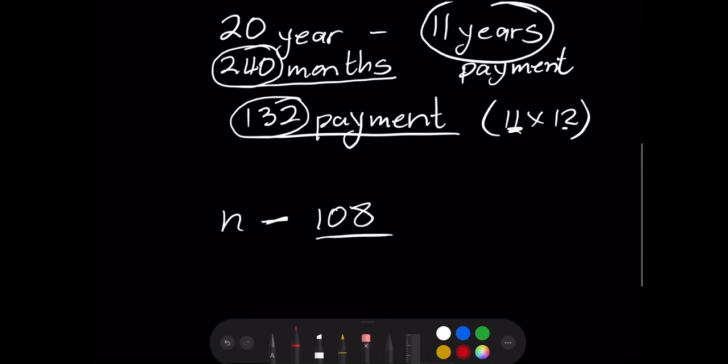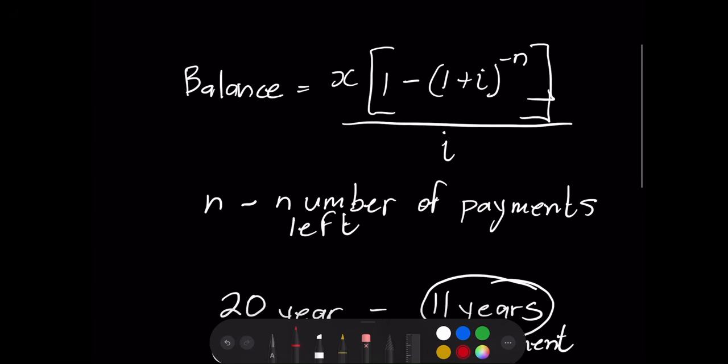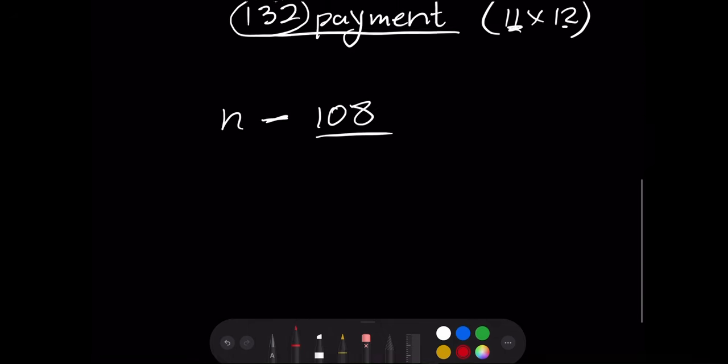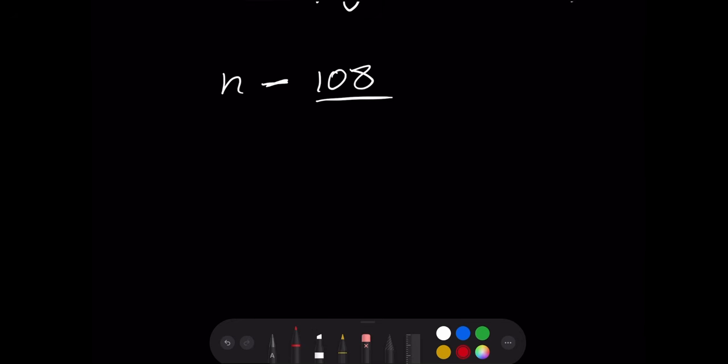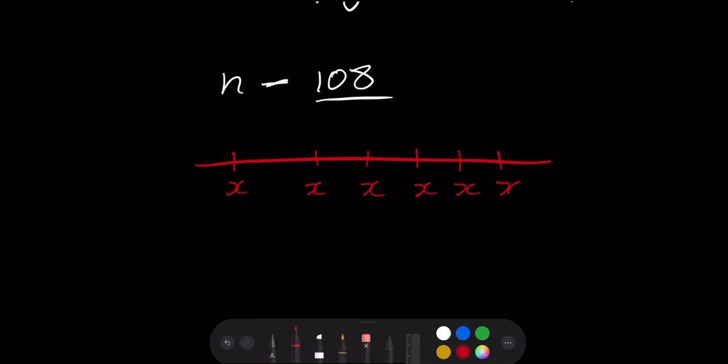We use x here, and what does x mean? x would be the installments that you are making on a monthly basis. So you are contributing this amount every month to make sure that your loan is paid off.